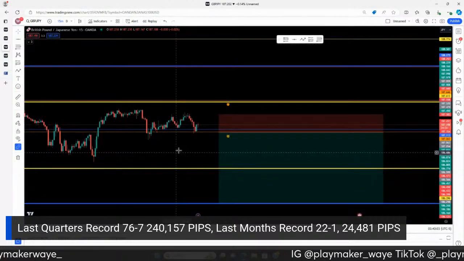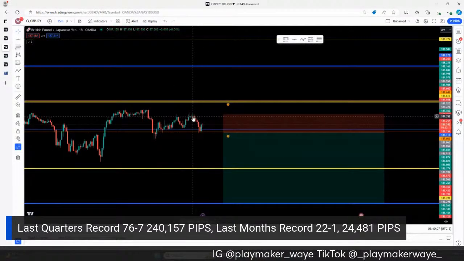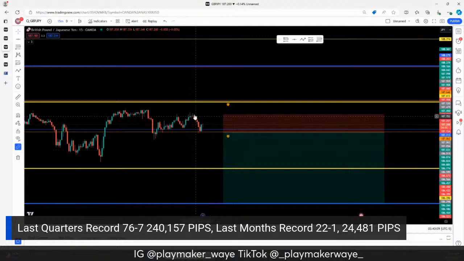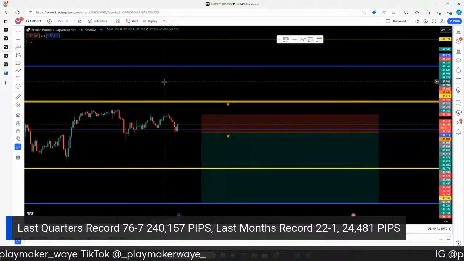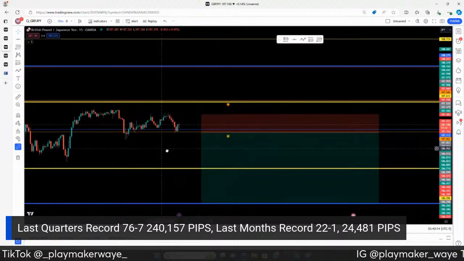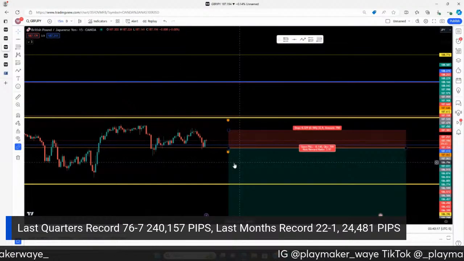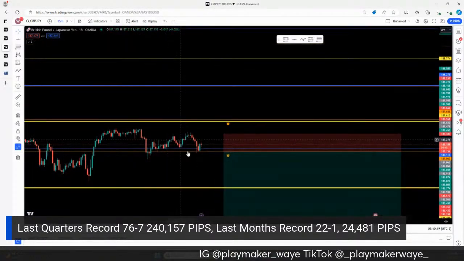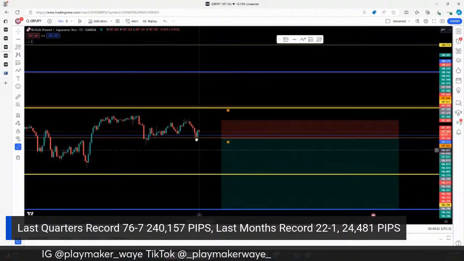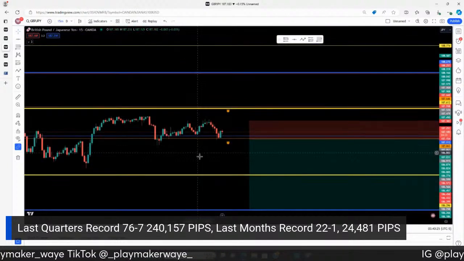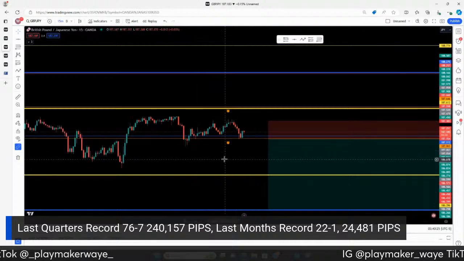I'm not too concerned with trying to predict if it's going to hit this level then go down, or if it's going to hit this level then hit here. I just know what the game plan is. I know what is needed for me to enter the trade for the game plan, and I know what is needed for me to hold my hands and not take this trade yet. And that's all I concern myself with.